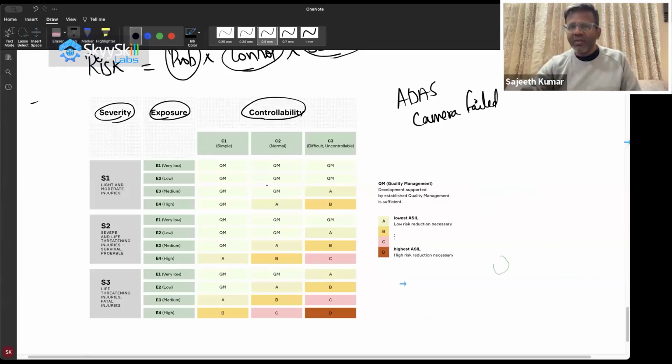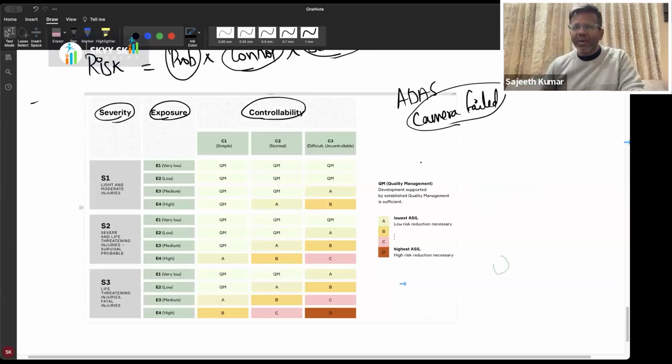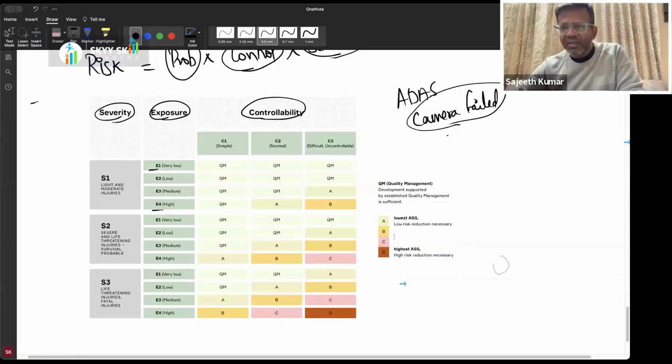Right. So now the first thing you do is figure out how often this will happen, right? Which is E1, very low, or E4, very high. Can it happen often, or is it very rare? Let's assume that this is E2, there is a very low probability that a camera can fail, or let's say E3, right?